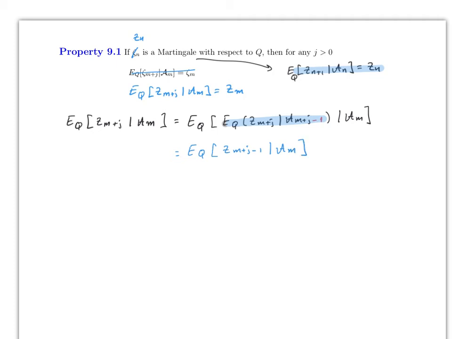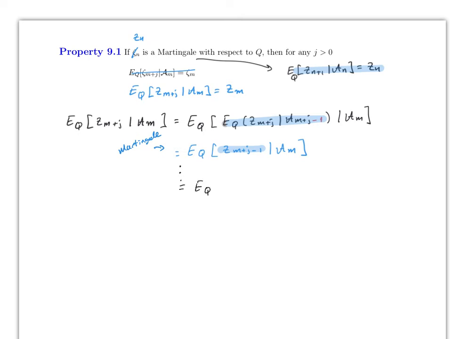Again, the highlighted blue part will only give you this because it is a martingale. That's because of the martingale property, otherwise this is not the case. Then you do this multiple times, and you end up with this.